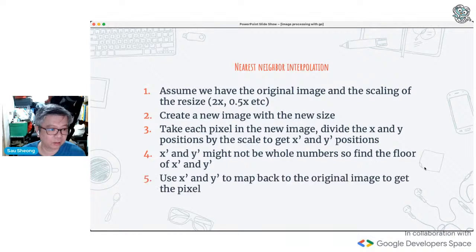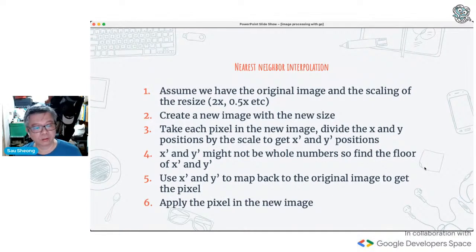And with this, you can use X prime and Y prime to map to the original image, and you take that pixel and apply it in the new image. Okay, so that's it really. That's the nearest neighbor interpolation. Name sounds fanciful, but that's really this. That's all there is to it.